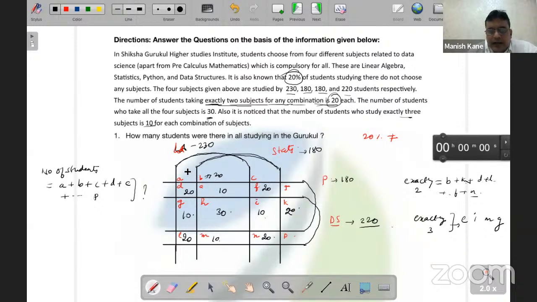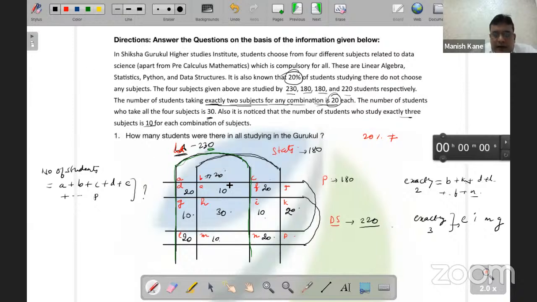But first of all, I need to determine A. How will I determine A? The sum of linear algebra. That means this particular set, let me outline it in green. All numbers that are a part of this set, which I have outlined in green, the total of these numbers has to be 230.